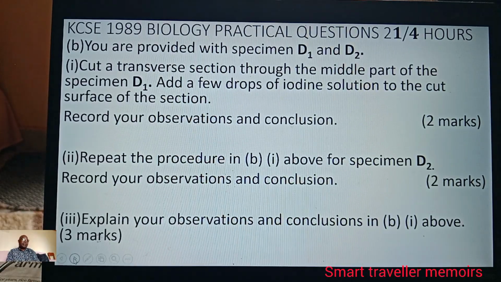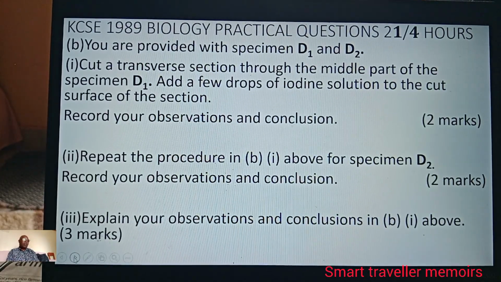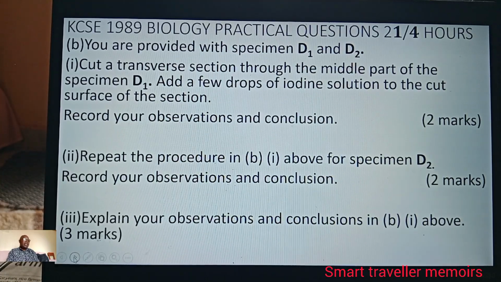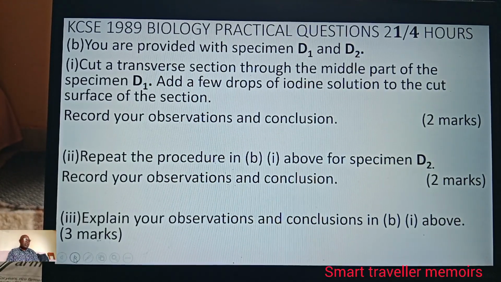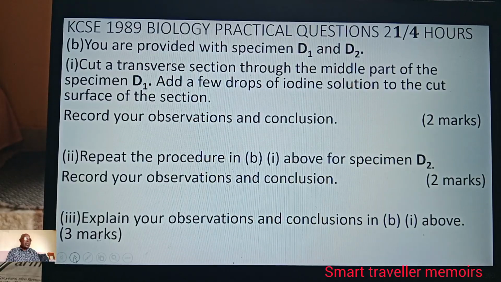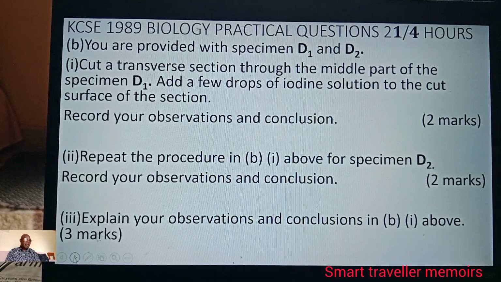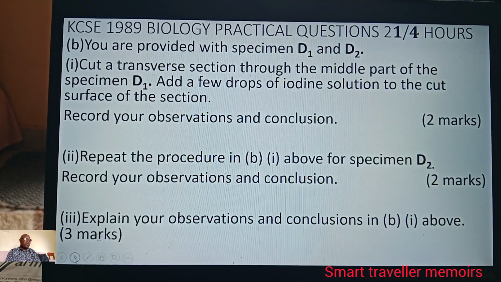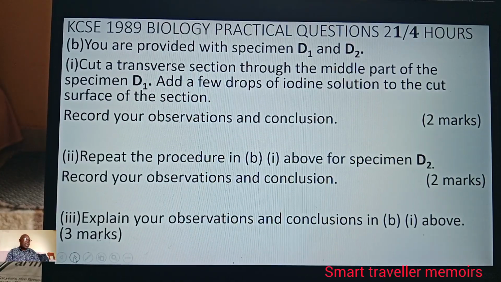In B, question 1, you are provided with specimens D1 and D2. Cut a transverse section through the middle part of the specimen D1, that is the unripe tomato, add a few drops of iodine solution to the cut surface of the section.